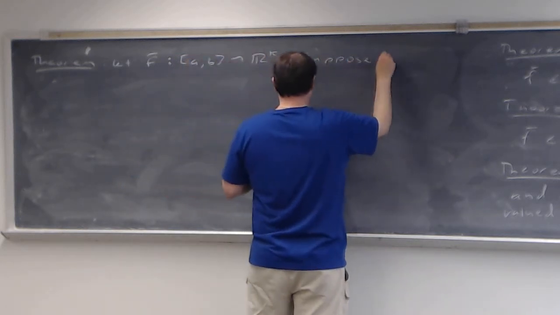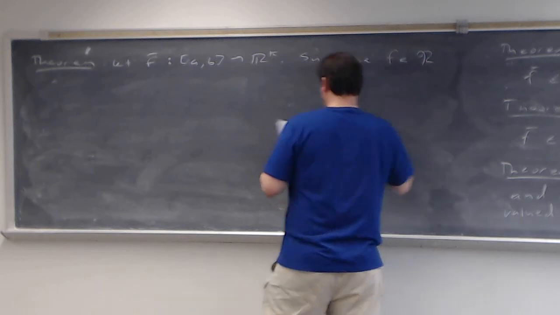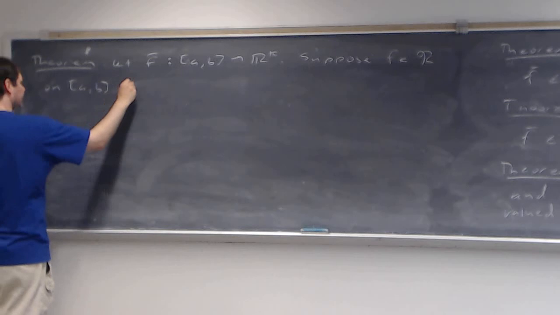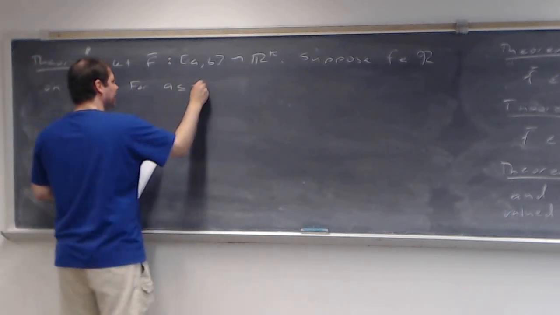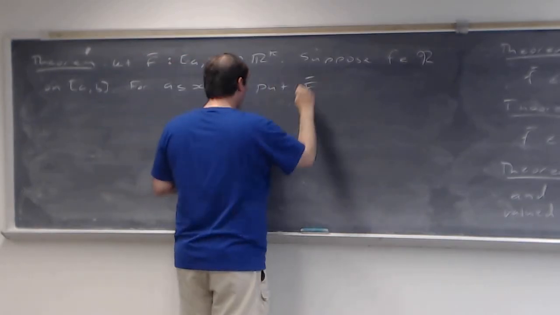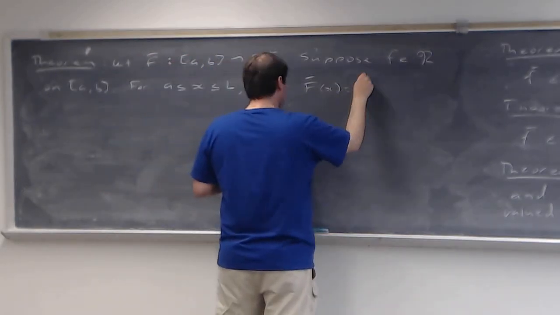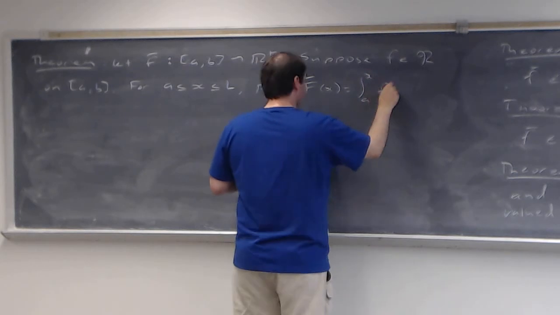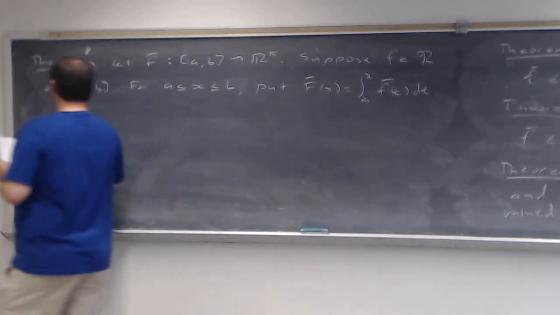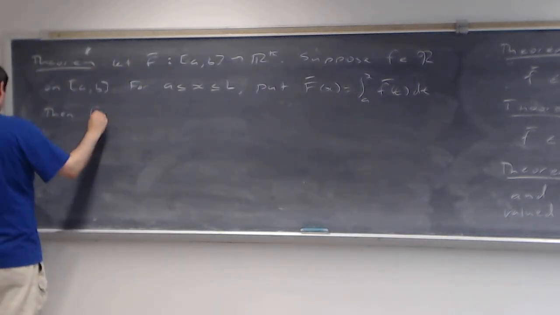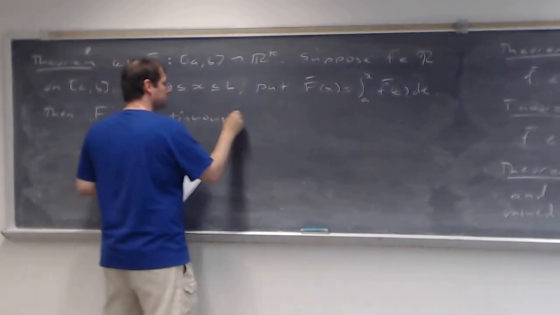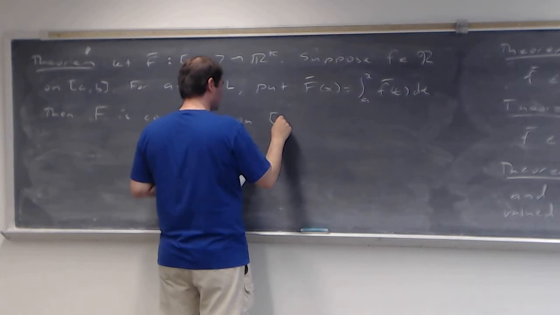Suppose f bar is Riemann integrable on A to B, and then for A less than or equal to x less than or equal to B, put big F bar of x equal to the integral from A to x of little f bar t dt. Then big F bar is continuous on A to B.